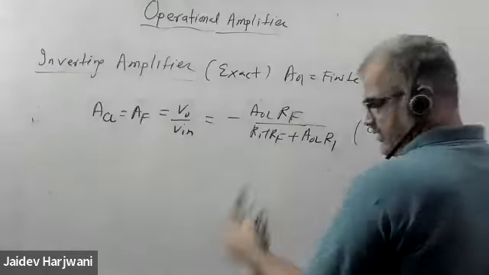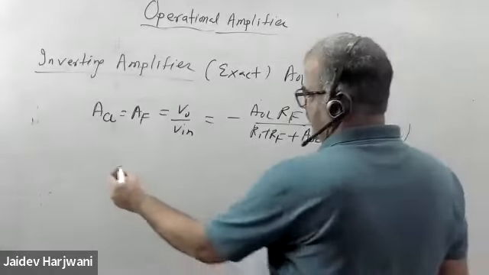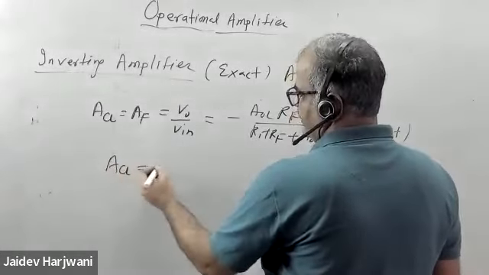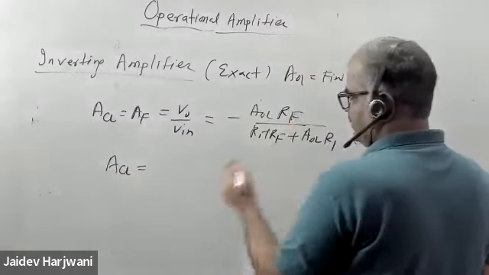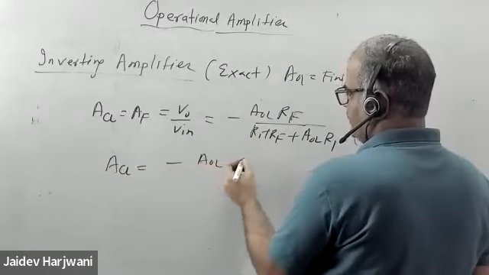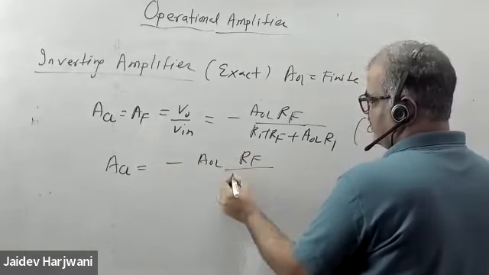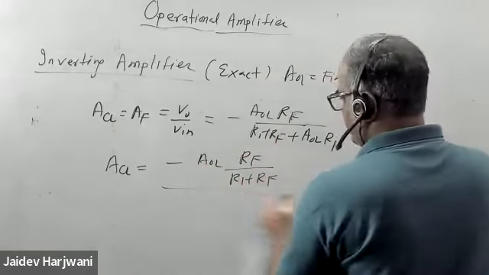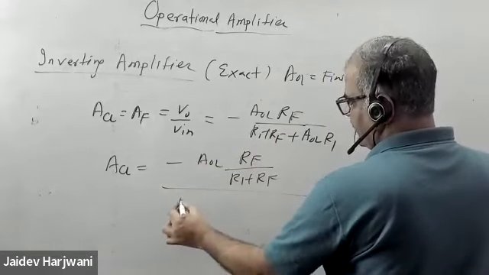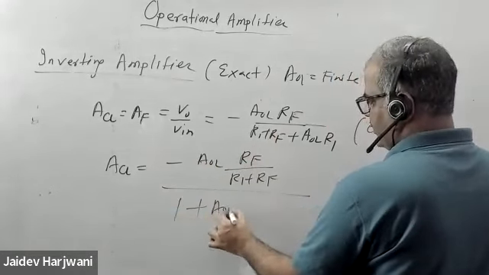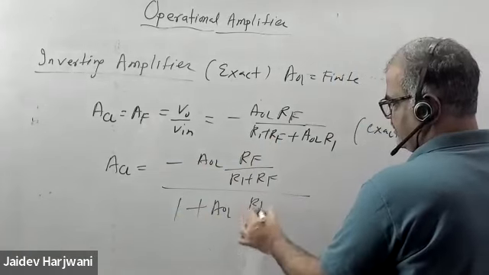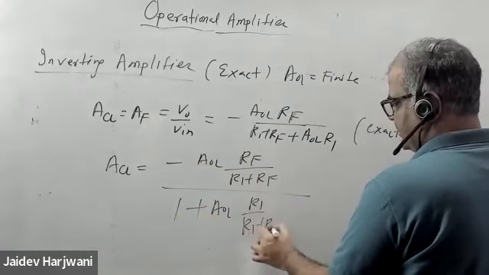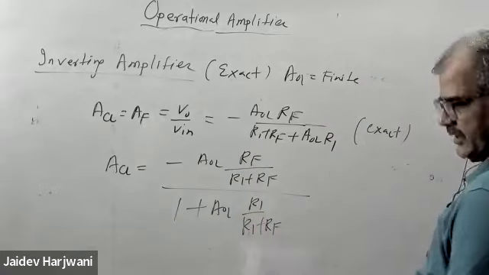So this is my formula, and this is my closed loop gain: minus AOL times RF upon R1 plus RF, and dividing by this one, this automatically becomes 1 plus AOL times R1 upon R1 plus RF.